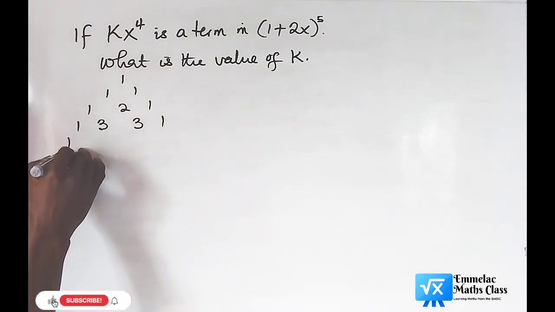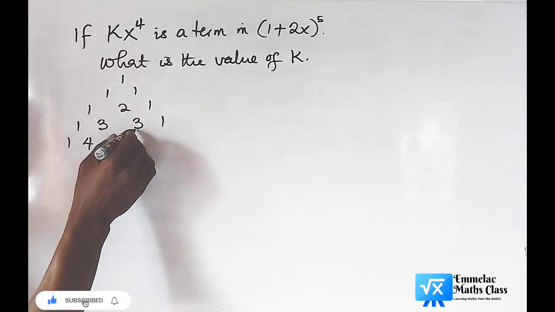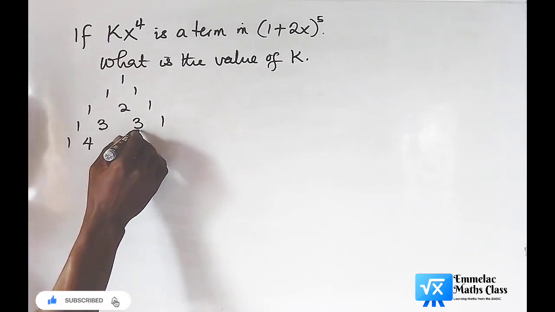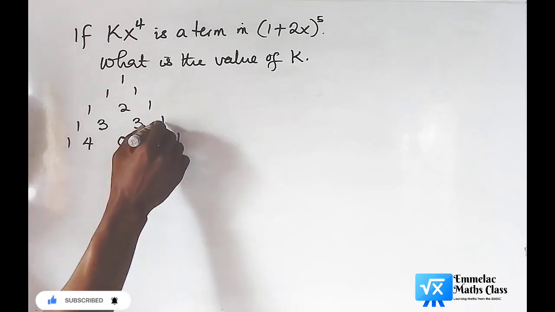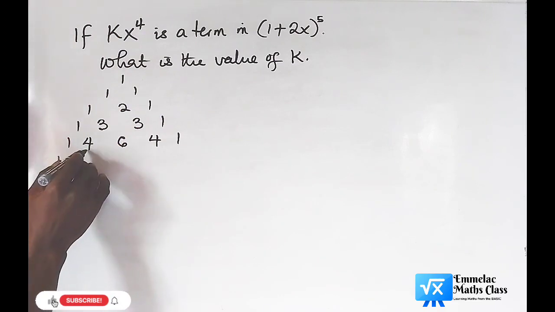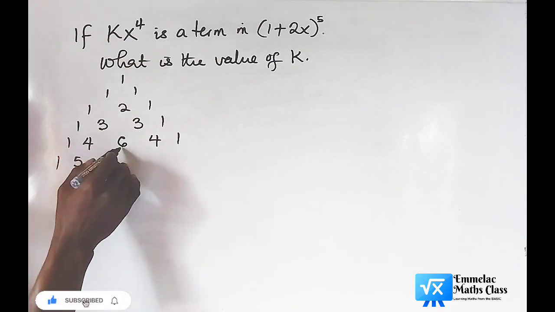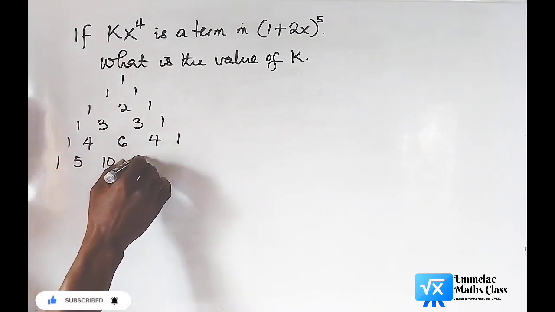So here you have 1. Then 1 plus 3 you have what? 4. 3 plus 3 you have 6. 3 plus 1 you have 4. Then you bring down also this 1. You come down here again, you have 1. Now 1 plus 4 is 5. Now 4 plus 6 is 10. 6 plus 4 is 10.